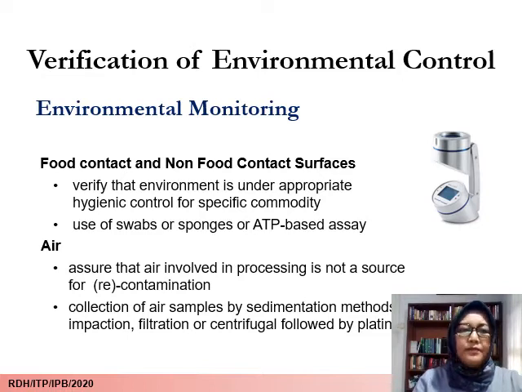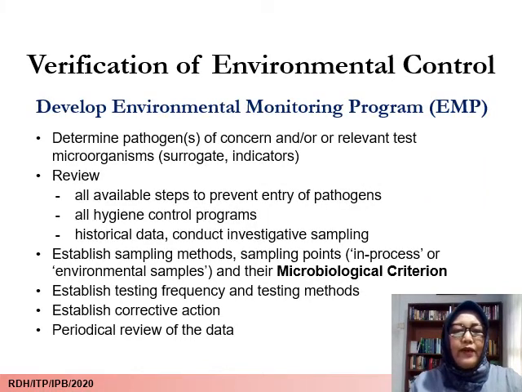To verify that the environment is under control, food producers or industry usually develop an environmental monitoring program or EMP. EMP is developed based on the pathogen of concern or relevant microorganism, either the surrogate or indicators.